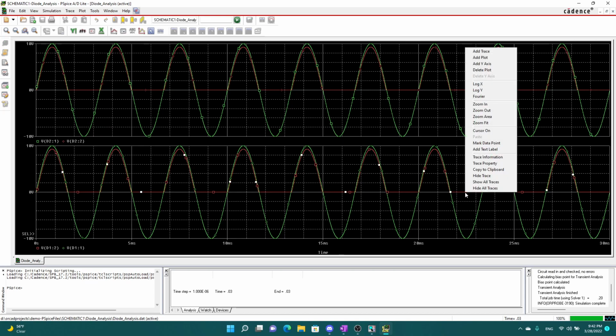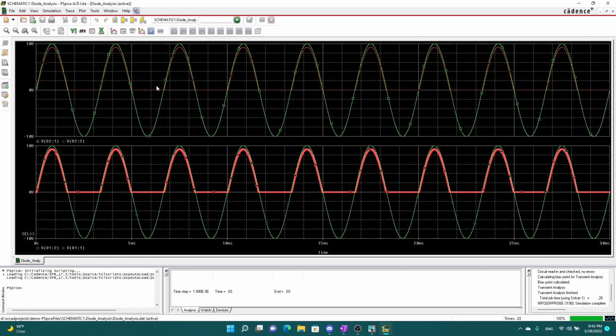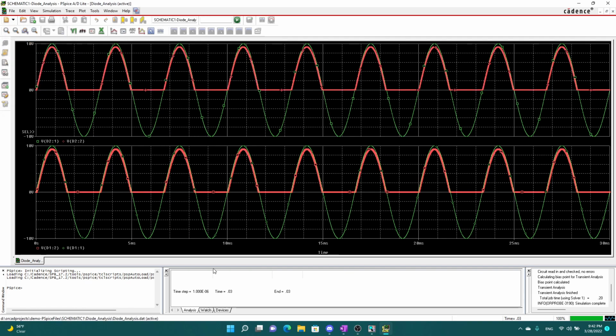And if you're asking, yes, these two waveforms are exactly the same. I'm going to make the output voltage a little bit bolder so we can see it better. Just from looking at these two waveforms, you can tell they're exactly the same.